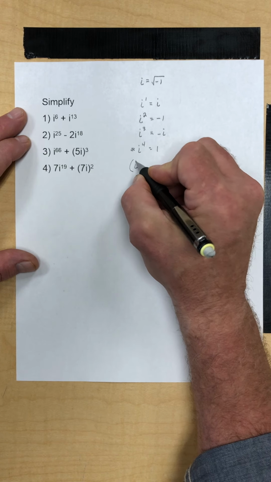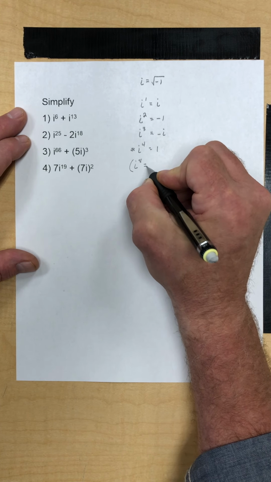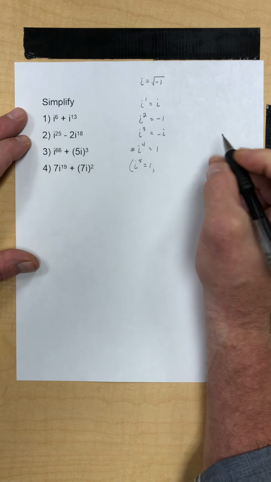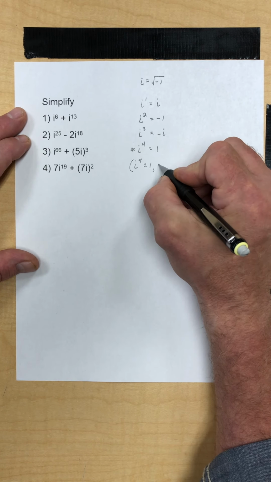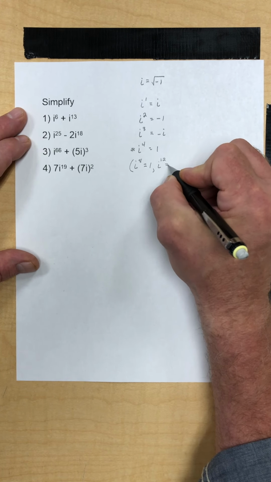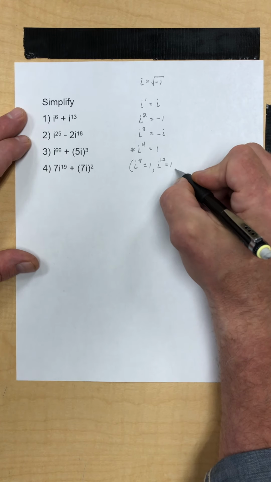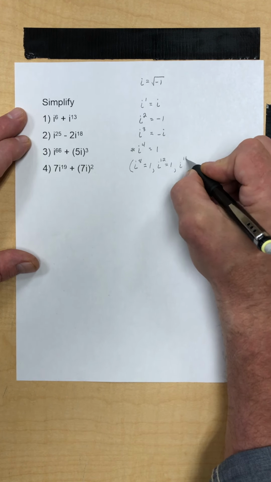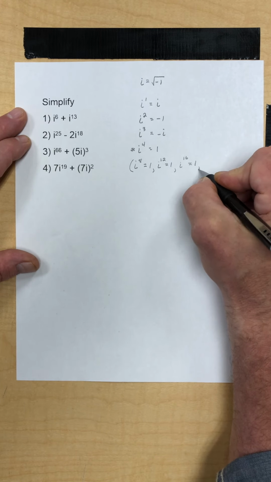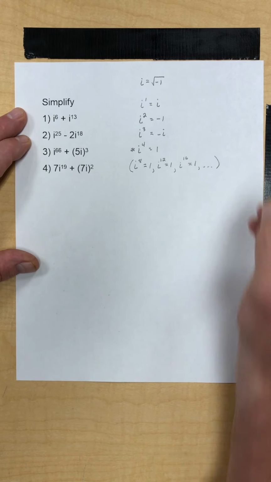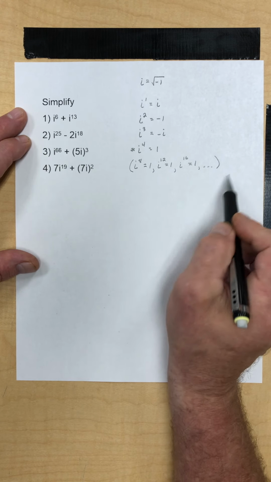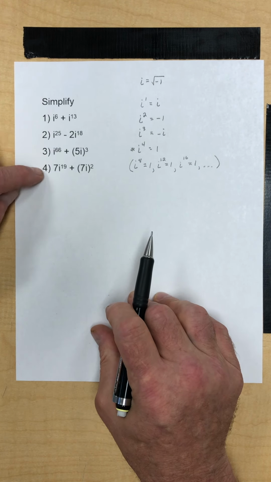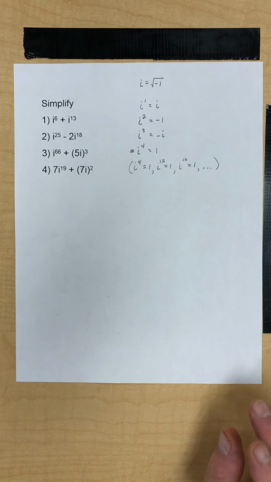The second multiple of 4 is 8, so i to the 8th also gives us 1. The third multiple of 4 is 12, so i to the 12th will also give us 1. The fourth multiple of 4 is 16, so i to the 16th will also give us 1, and so on. It is this which helps you immensely in figuring these out.